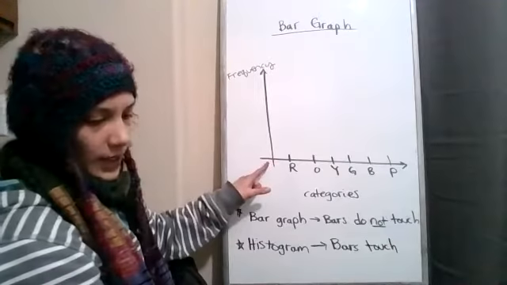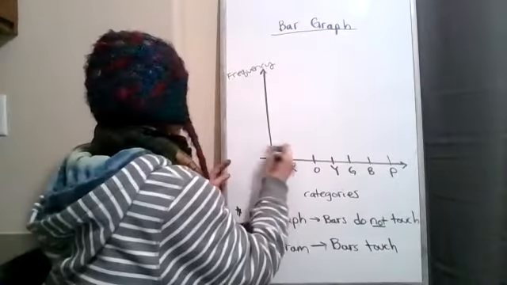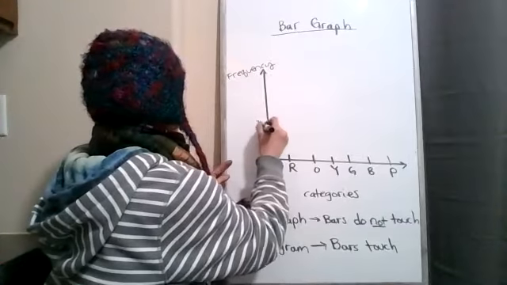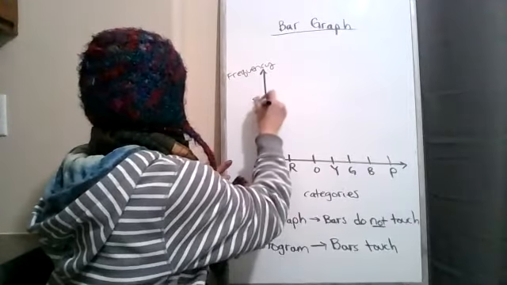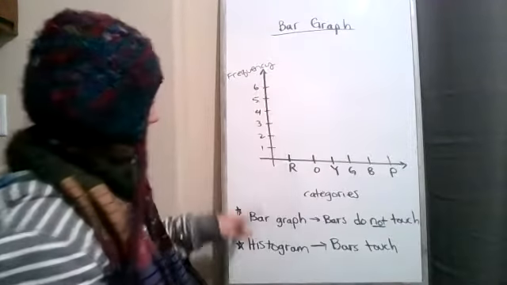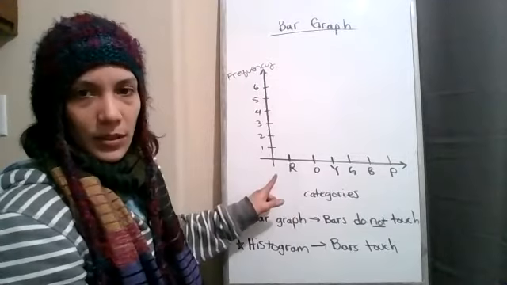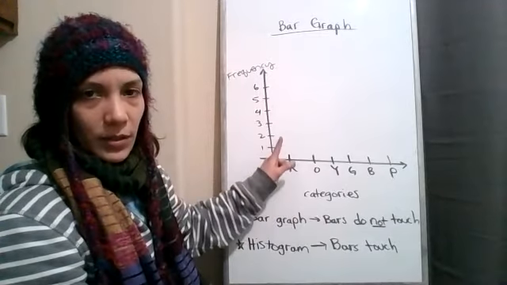Okay, so red was 2, so around red we have a bar that goes up to a height of 2.